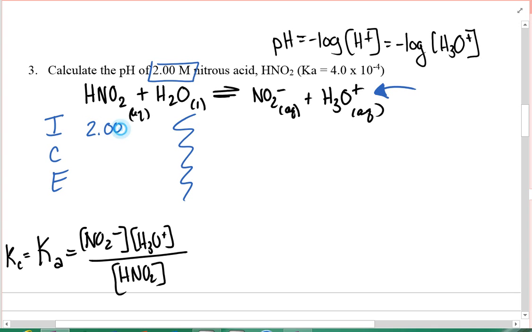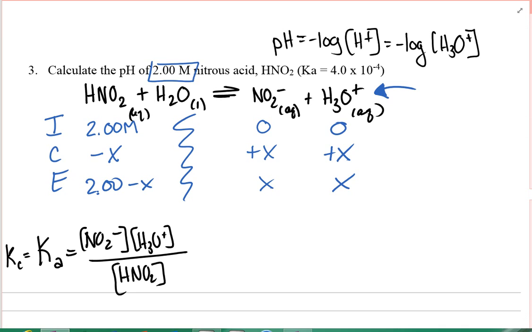That is our reactant, so we start out with 2 molar reactant. We're going to assume we start with no product because nothing else is mentioned. We're going to use up some reactant, so it's a negative change on the left. We're going to make some product, so it's a positive change over here. It's a 1 to 1 to 1 mole ratio. Equilibrium is 2 minus x. This one is x. This one over here is x.